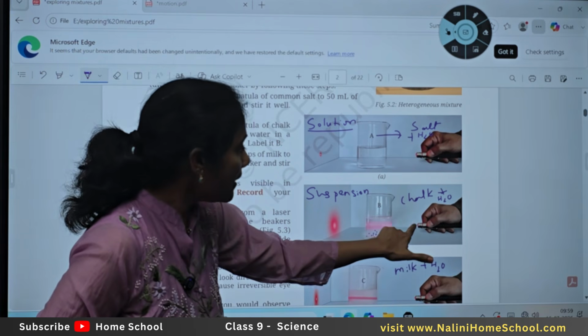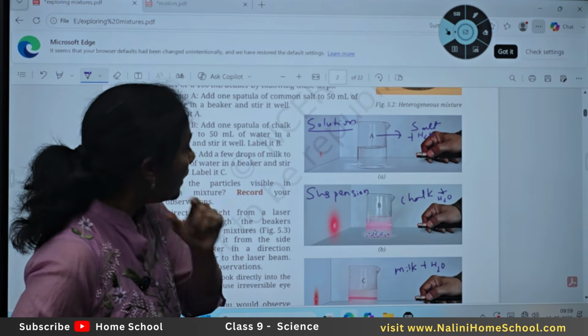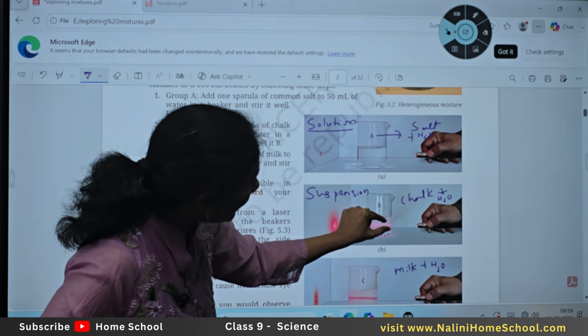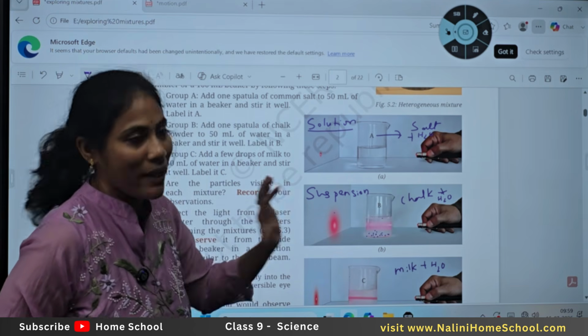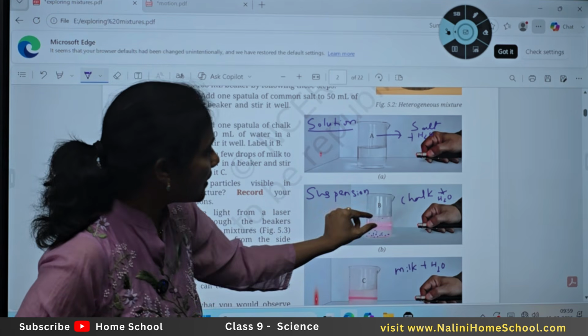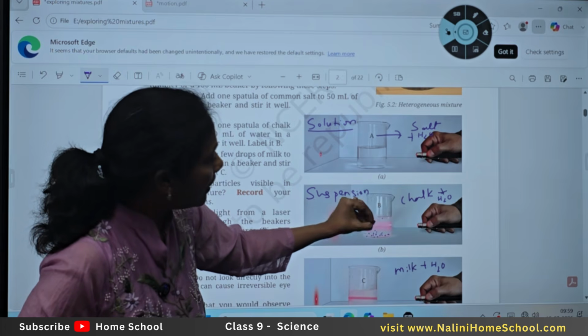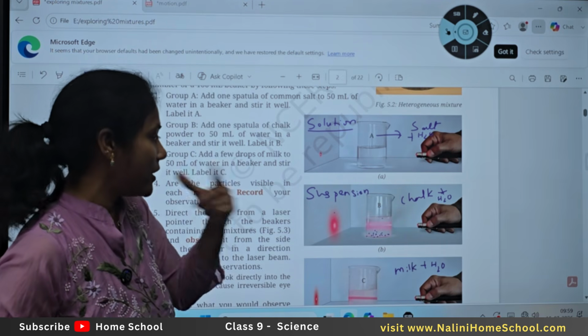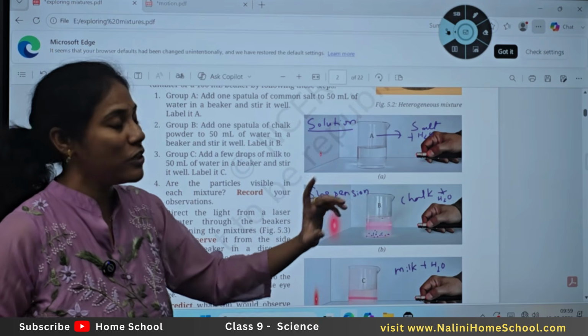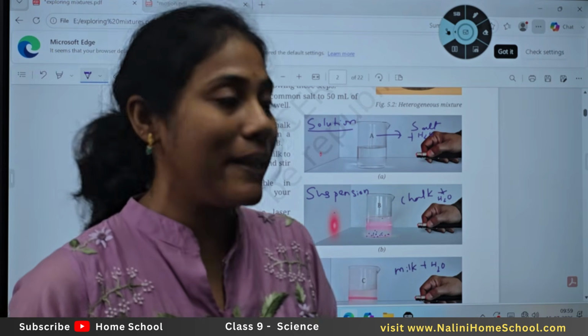When this person has passed the laser light, you can see the pink color even in the mixture, but it got spread too much, isn't it? So you see a very, very light pink line passing through the mixture. That is the suspension. That is how suspensions behave.